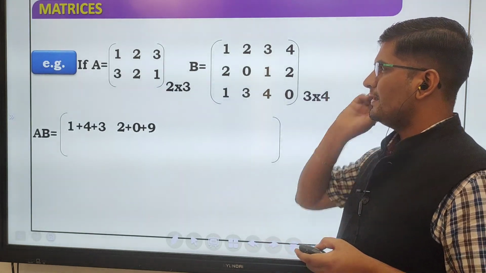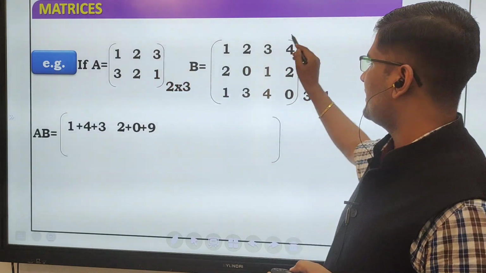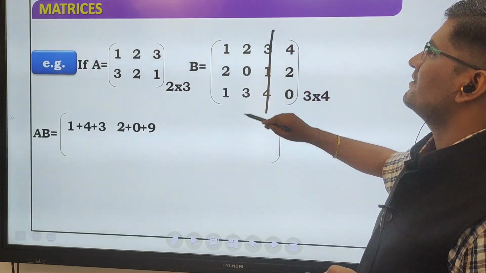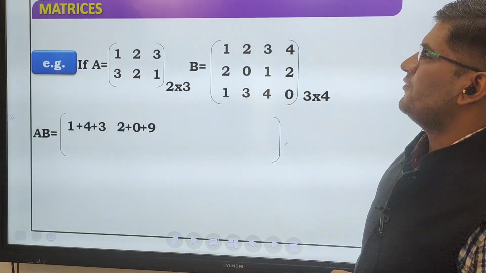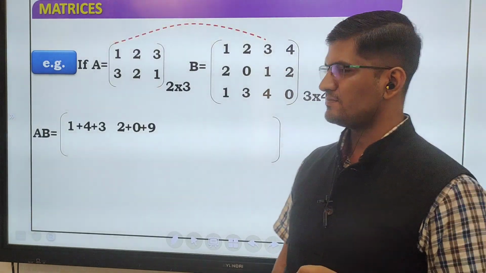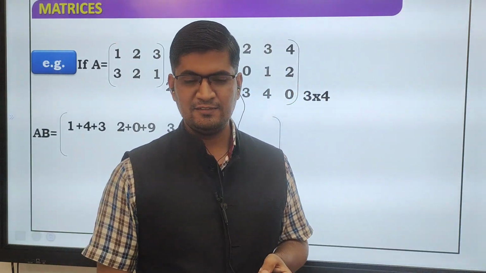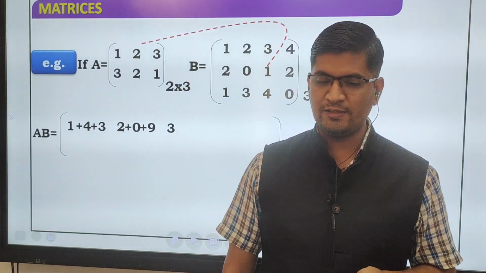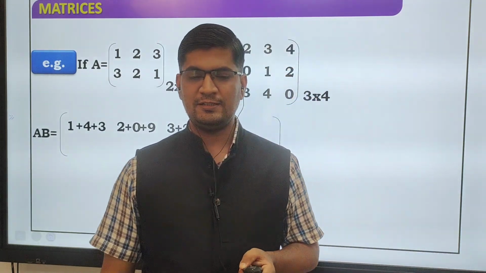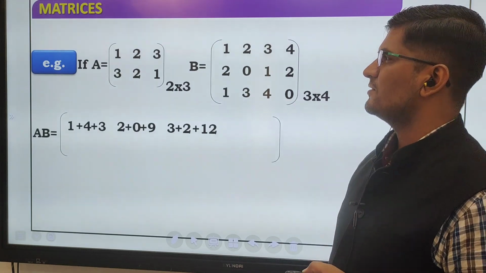Then in the same way, for A13 the entire first row will be multiplied with the third column of the second matrix. So 1 into 3, then 2 into 1, so plus 2, then 3 into 4, that is 12. So this is the part.